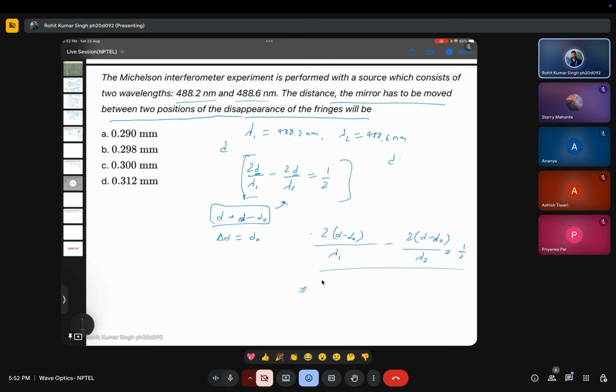The original distance is not given, right? Oh, but we don't need the original, we just want to calculate the delta d, right? It is asking the difference of the distance, it is not asking d naught. So I think it's fine, we can just use this formula.